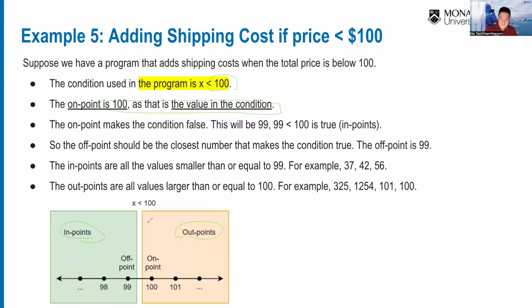In point means the valid number, which will return true, and the out point will return false. The on point is 100, and again we want to test the boundary values, because sometimes we just miss the equal. So you want to test 99 and 101 to make sure it returns the values properly, whether true or false.